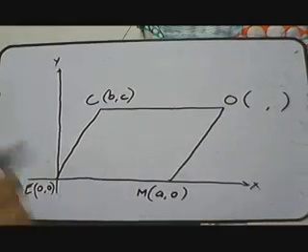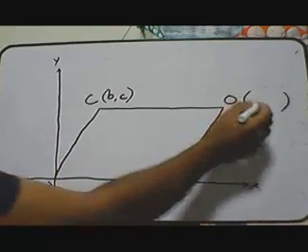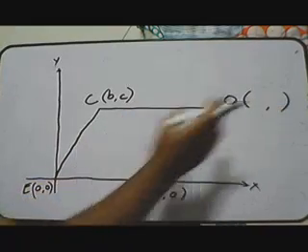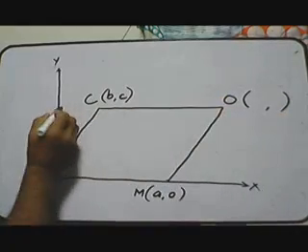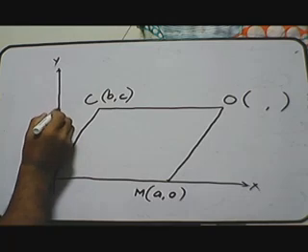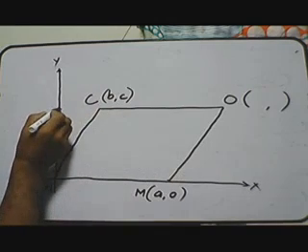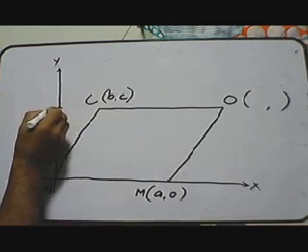Unahin muna natin ang madali. Ang madaling kunin sa dalawang ito, sa drawing na ito, ay yung ating y. Bakit madali yung y? Kasi kukunin lang natin siya dito sa y-axis. Alam kasi natin kung anong sukat, ano ang value dito.